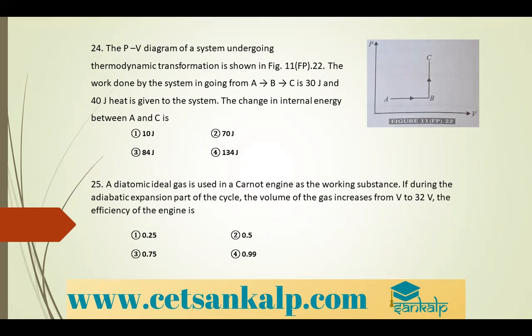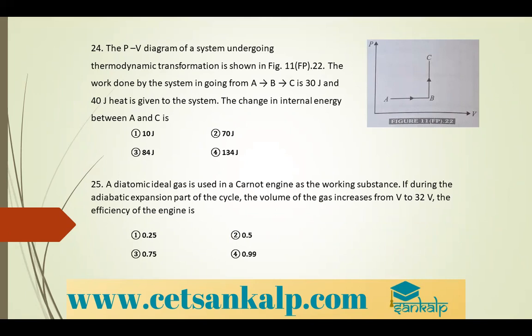Whatever the PV diagram we have seen here, the work done in the system is given for ABC, and the heat given is 40.